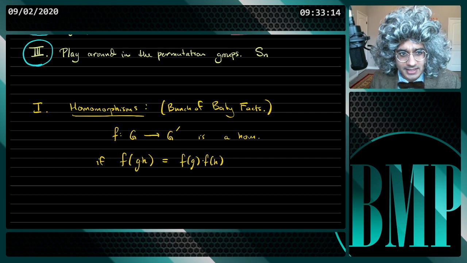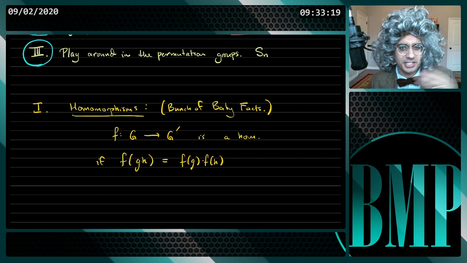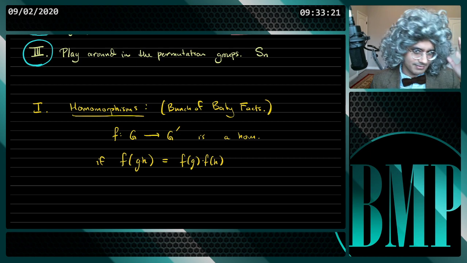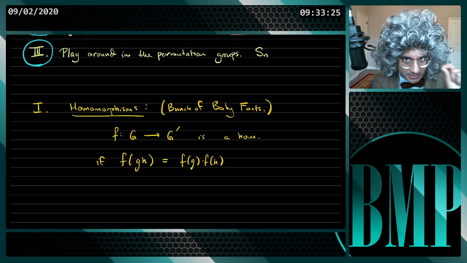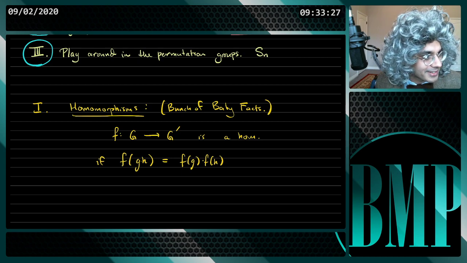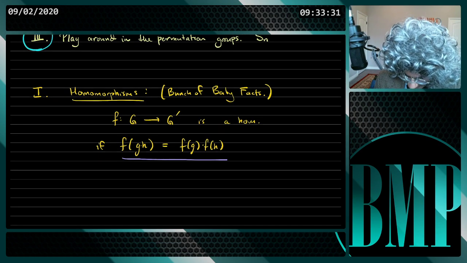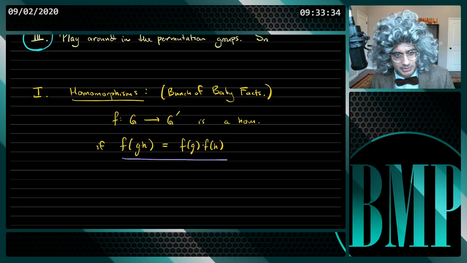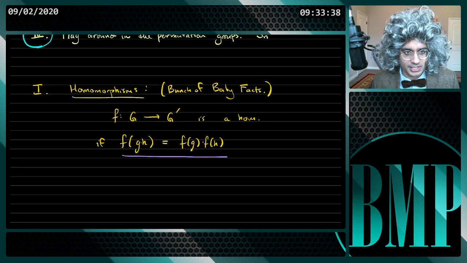I'm going to use dot to denote the group law on G and on G prime because I don't want to use different symbols. You have to tease out where a multiplication is happening. All right, so that's it. This thing respects multiplication on both sides. It lines up the multiplication on both sides.